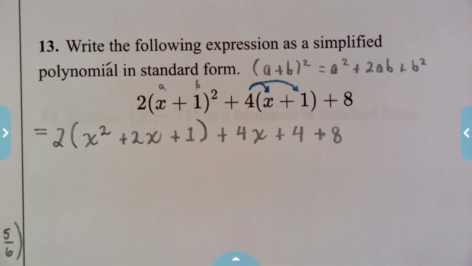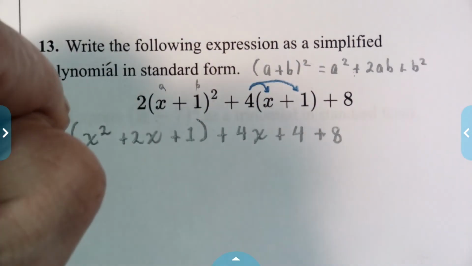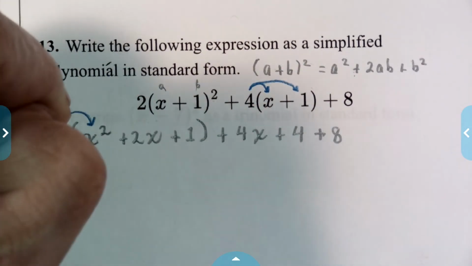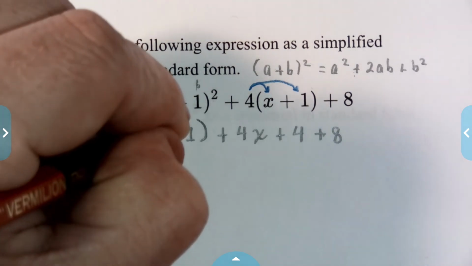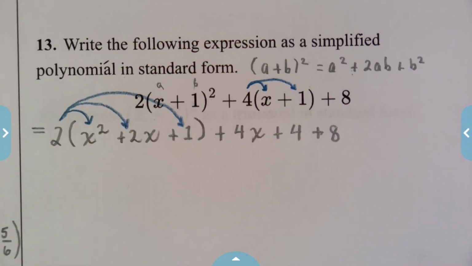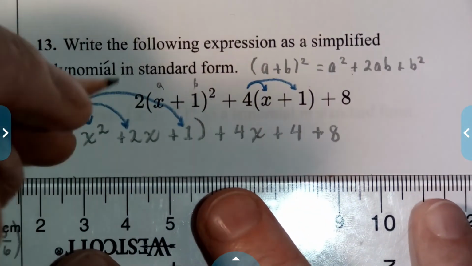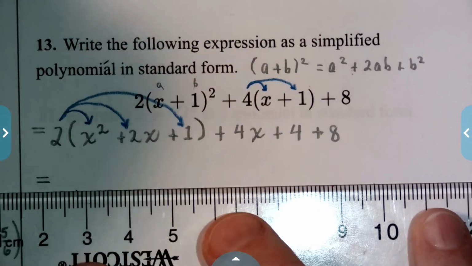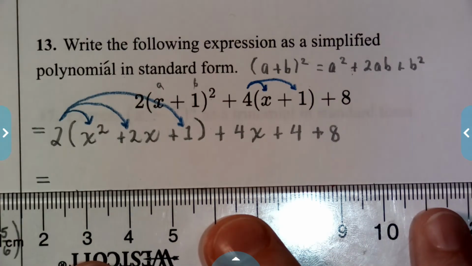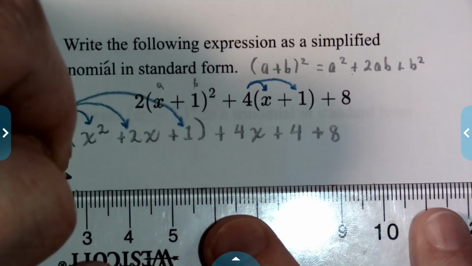So now let's distribute this 2. We're going to distribute the 2 to each term. So we're going to have this massive jumbled polynomial, and we're going to have to combine all the like terms to get it nice and neat.